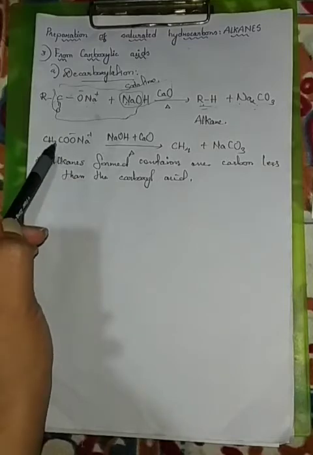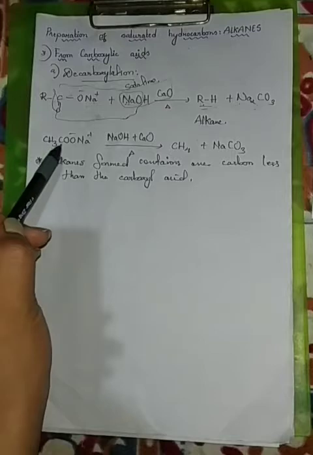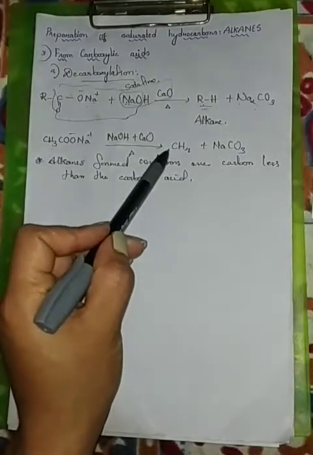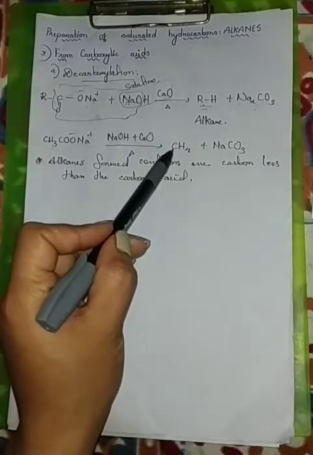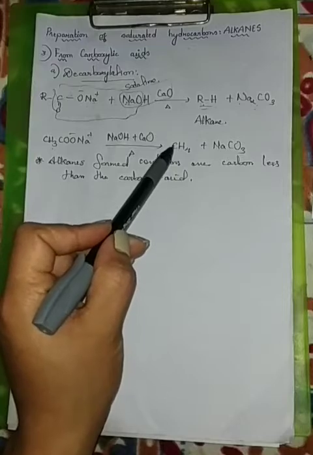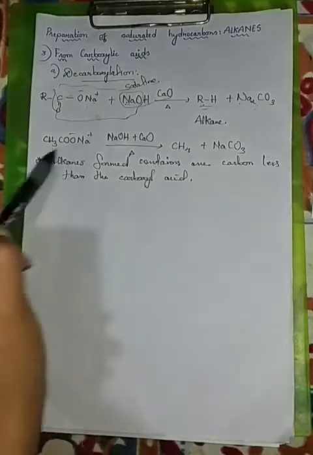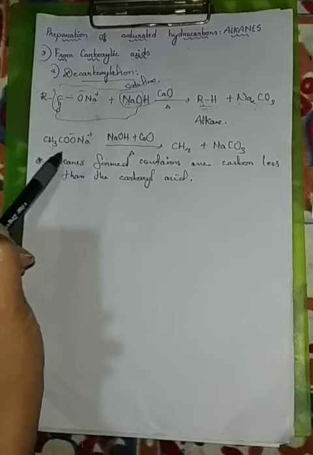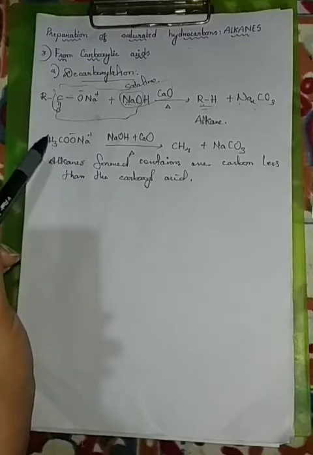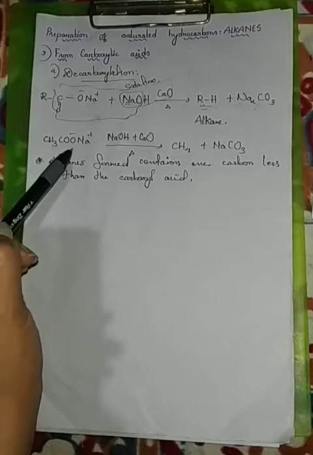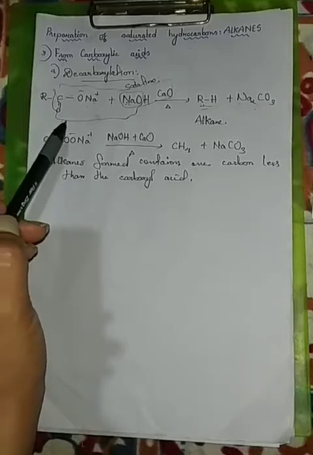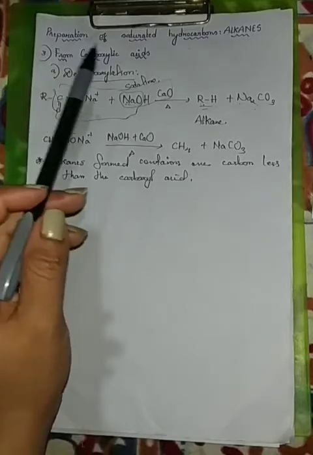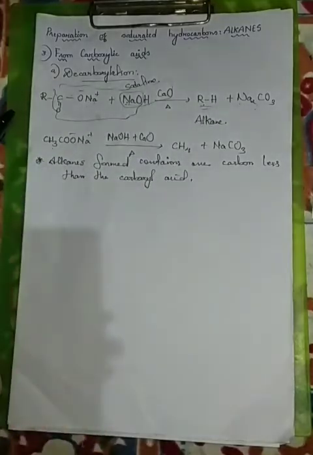Here there are two carbon atoms in the salt of our carboxylic acid, but in the product we have only one carbon atom. Therefore the alkane formed has one carbon atom less than the starting salt of the carboxylic acid. This is the decarboxylation reaction of salts of carboxylic acids for the preparation of saturated hydrocarbons, that is, alkanes.